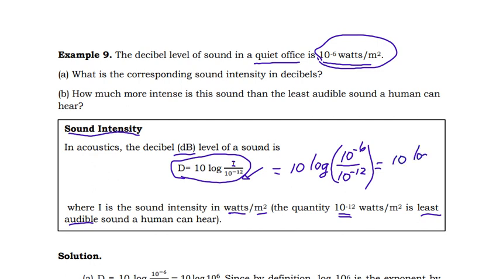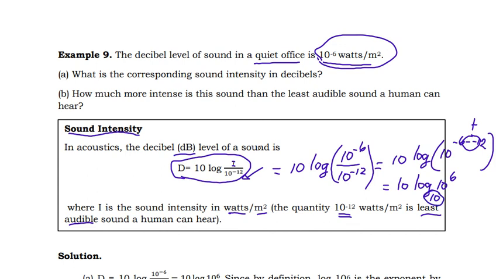Then that is log of, we subtract, 10 to the power of negative 6 minus negative 12. We know that two negatives in a row becomes plus. So that becomes negative 6 plus 12, and therefore this is equivalent to 10 times log of 10 to the power of 6.